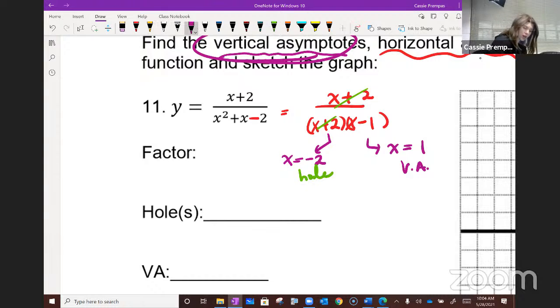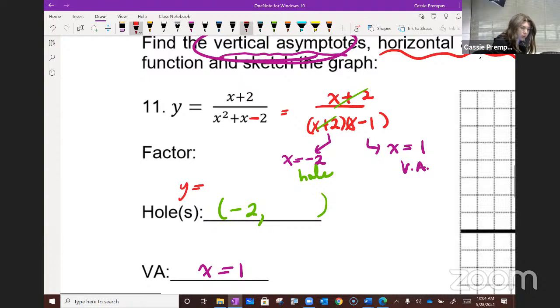Awesome. So I'm going to go ahead and draw the vertical asymptote at x equals 1. Christian told me that -2 is where the hole is going to lie. Can someone else raise their hand and tell me how do we find the y coordinate of the hole? Liana? Wouldn't you just plug in -2 for x in whatever is left?